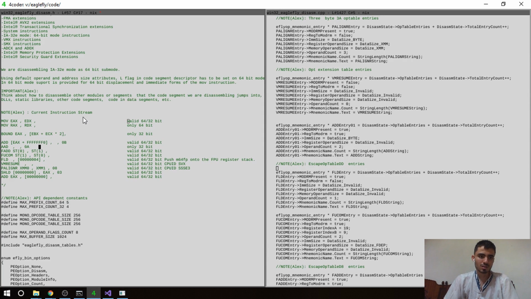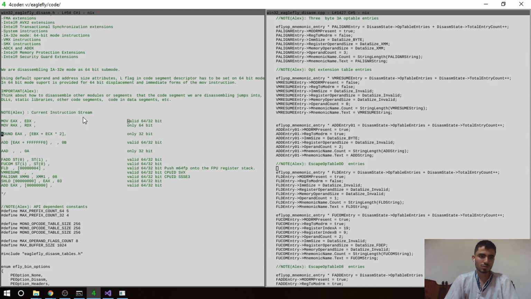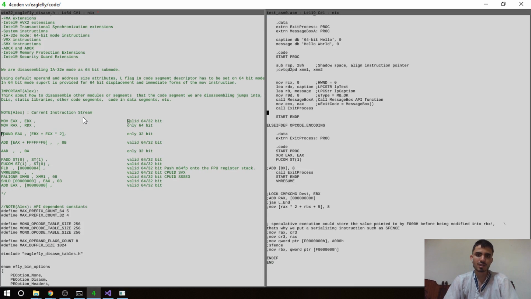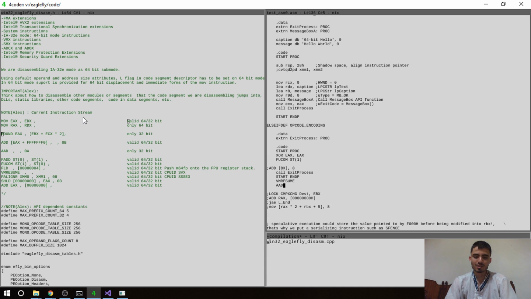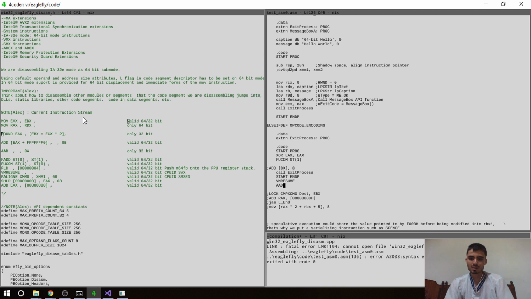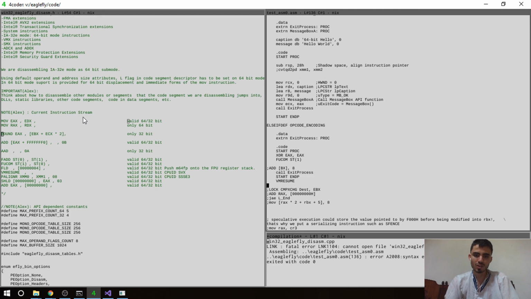In this one, these two instructions shouldn't be printed out. They shouldn't be there. They are not possible to be encoded. If I go to the test asm and say, for example, hey, AD, please, I don't care, AD. Then it's like, hey, syntax error AD, what's going on?